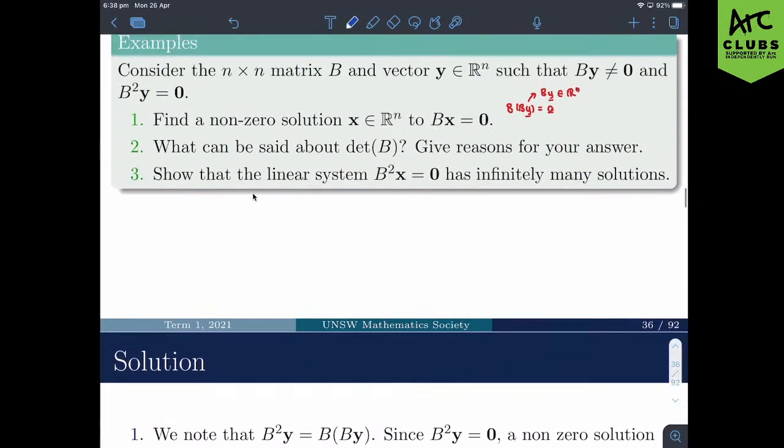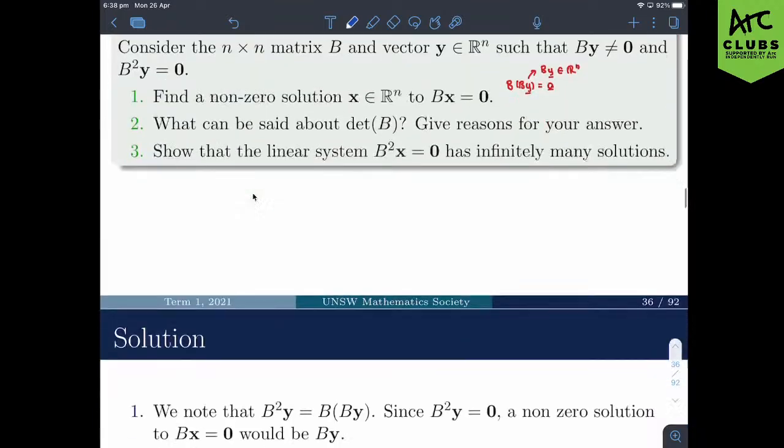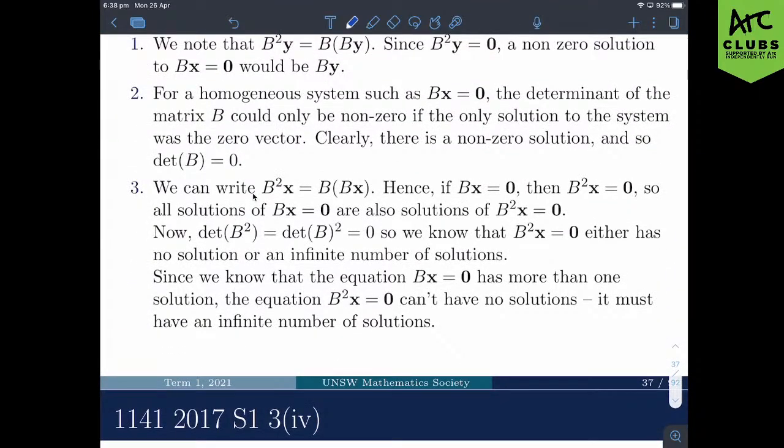And now we want to show that the linear system B squared x equals the 0 vector has infinitely many solutions. Previously, we argued that the system of equations has infinitely many solutions, therefore the determinant is 0. Now we want to argue that the determinant is 0, therefore the system has infinitely many solutions, except we also need to argue that there are not no solutions.